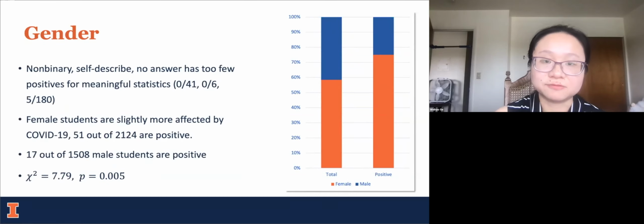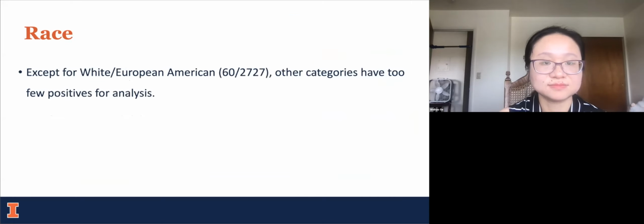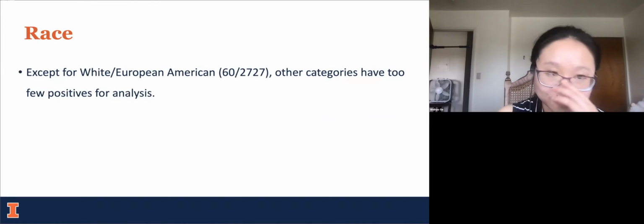Then for the gender, we dropped the non-binary, self-described, and no answers because they have too few positives. We found that the female students consented for the research are slightly more affected by COVID-19, but it's still significant. And for the race, I cannot get any meaningful results.